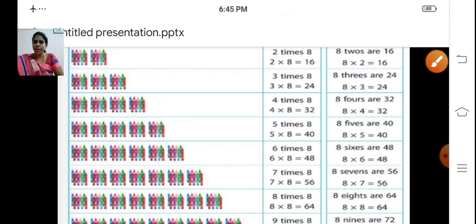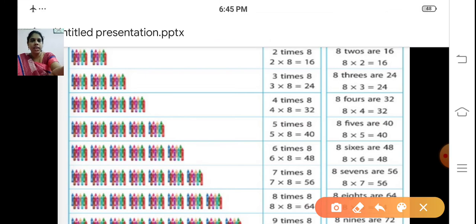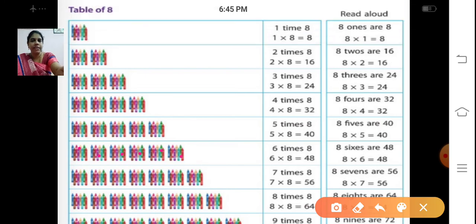Let's move on to the next one. 8 sixes are. So just see how many groups we have. 1, 2, 3, 4, 5, 6. So 6 times 8. 6 eights are 48.